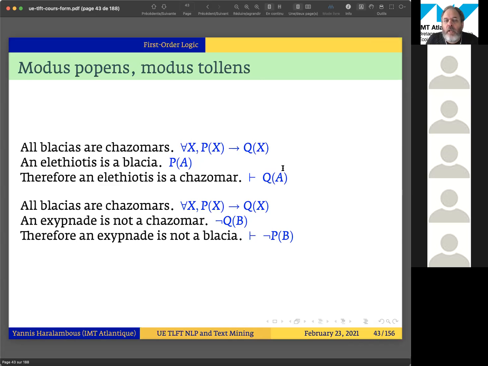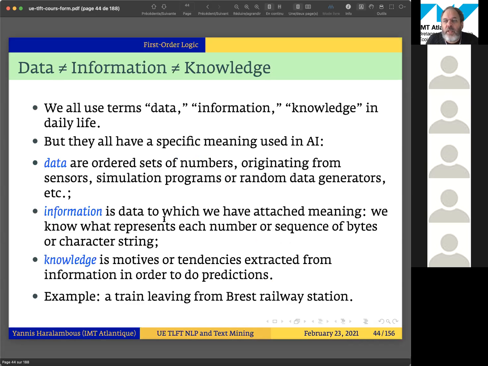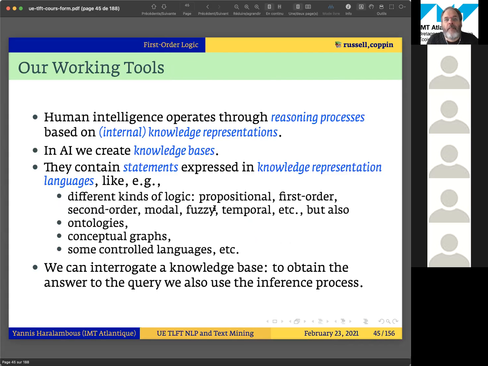So this allows us to represent not only information, but also knowledge extracted from information. And we will see how. Once you have knowledge represented by some knowledge representation language, you can do inferences. You can do reasoning. And reasoning means get more information, get more knowledge out of the one you have represented already.